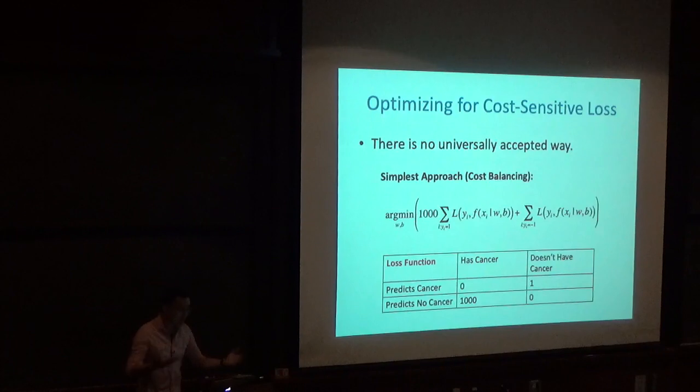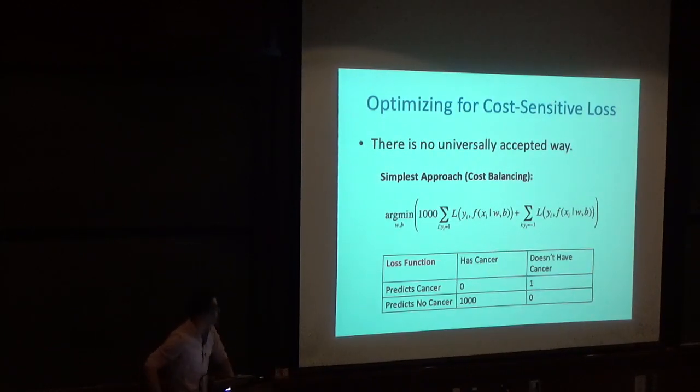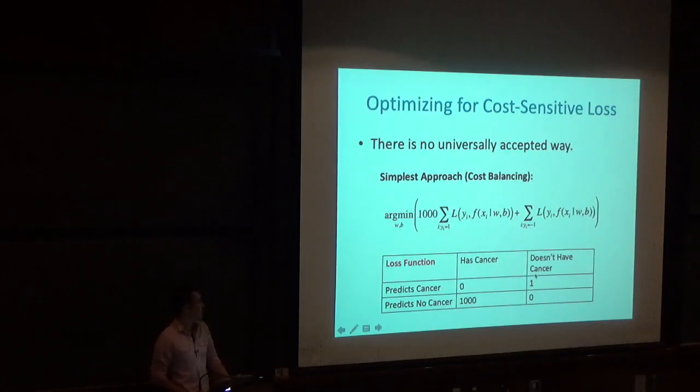Here's just one idea. People have a few different ways of thinking about this problem, but we could put some numbers on it. If we predict cancer and the patient doesn't have cancer, we pay a loss of 1, and if we predict no cancer and the patient has cancer, we pay a loss of 1,000, just for example. And we can put this into a learning algorithm like this.